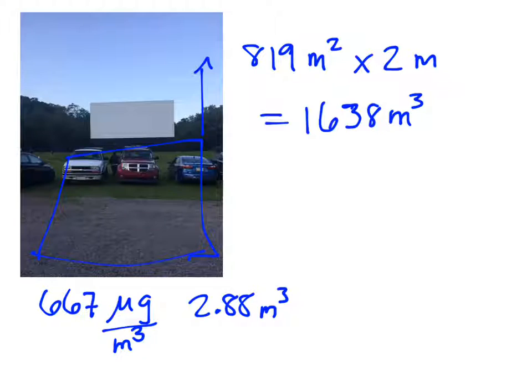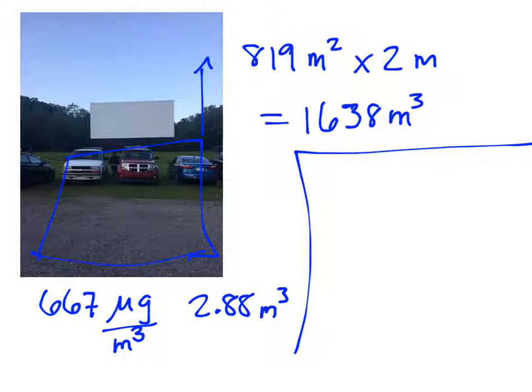Now let's find the concentration of those PM 2.5 particles in the air. I started by multiplying the Marlboro cigarette concentration times the space it was in, 2.88 meters cubed, and that equaled 1920.96 micrograms.